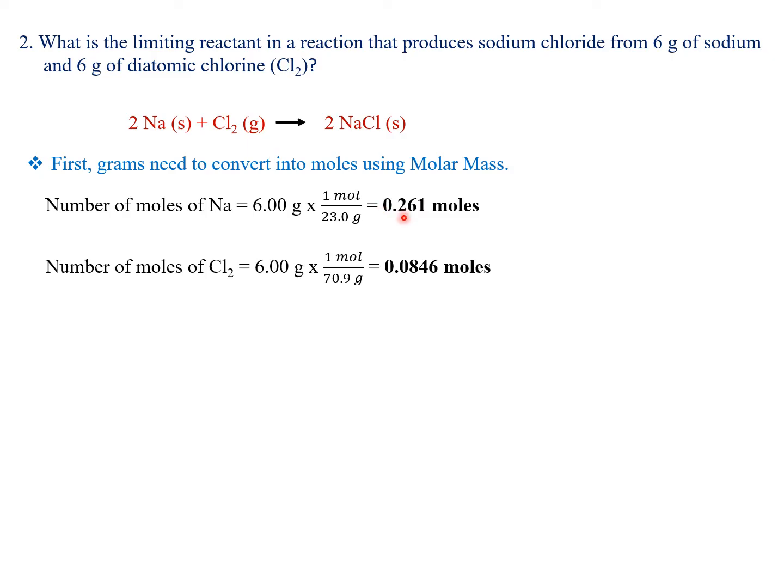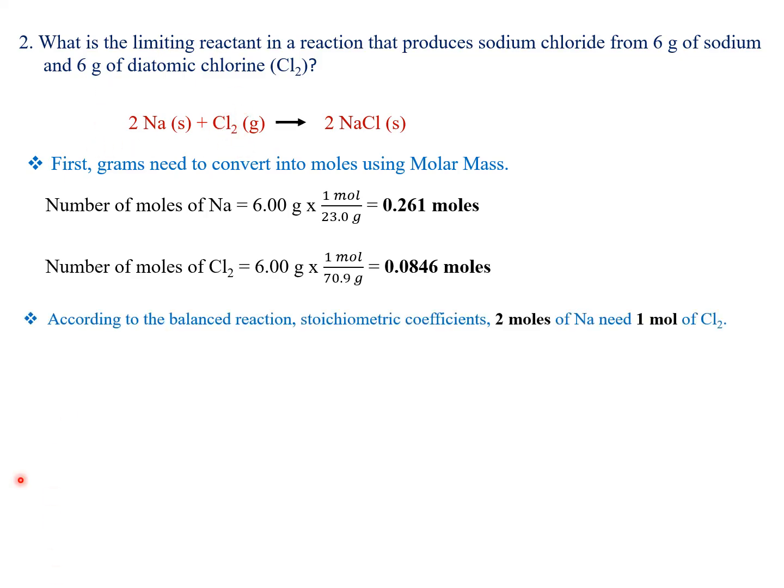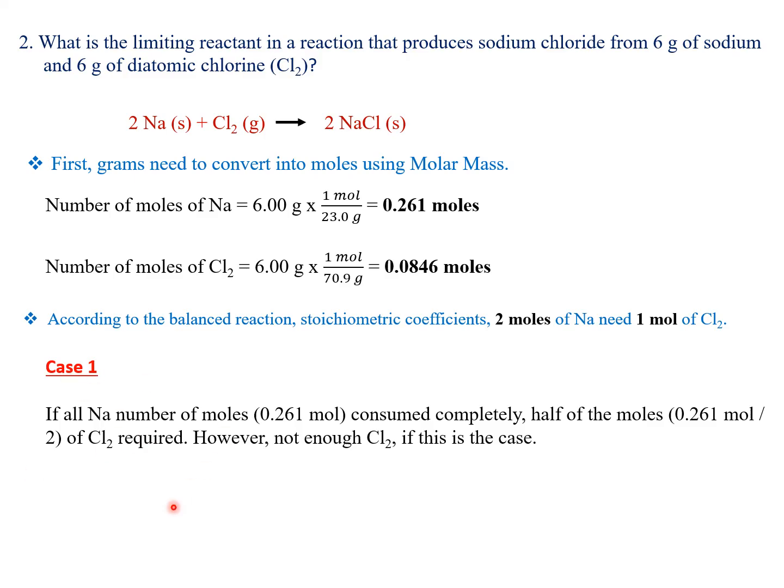Now we need to combine the available amounts with the molar ratio given in the balanced equation, 2 to 1 again. 2 moles of sodium need 1 mole of chlorine. 4 moles of sodium need 4 divided by 2, 2 moles of chlorine, and so on. Again, case number 1. This time I'm going to think all sodium moles available, that is 0.261, completely consumed.